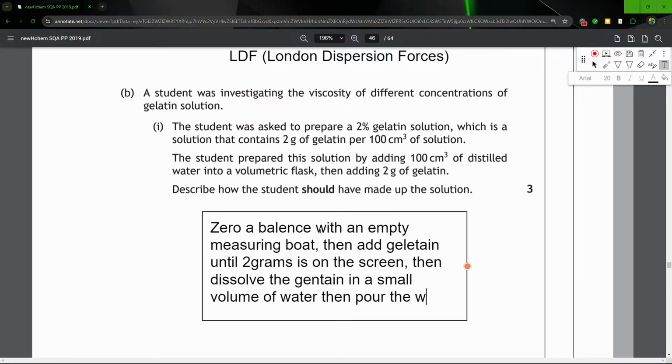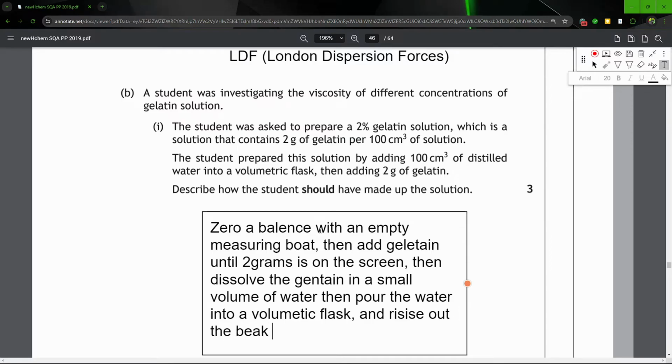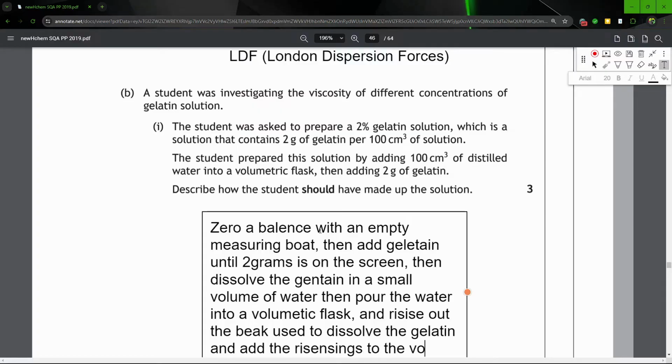Pour the water into a volumetric flask. And rinse out the beaker used to dissolve the gelatin. And add the rinsings to the volumetric flask.